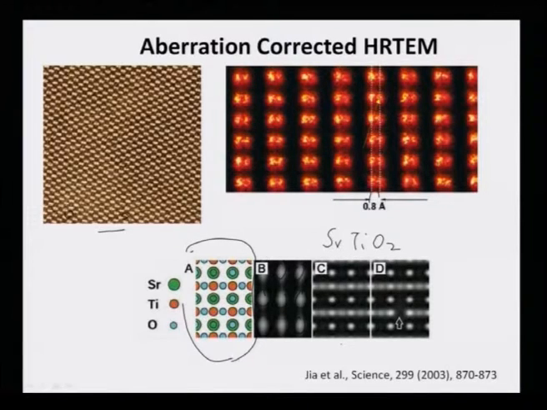One can see strontium, the big atoms like this, in white color. The titanium is sitting like this, and one can even see the oxygen atoms there. Residual contrast coming from the oxygen atoms can be seen, because this is aberration corrected microscopy in which a COS detector is used. We will discuss this in detail in a subsequent lecture. If one is very careful, one can even see the vacancies in the oxygen atom positions. So this is the state of the art today of high resolution microscopy.